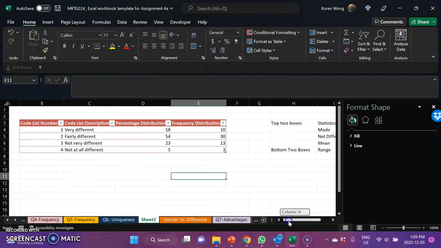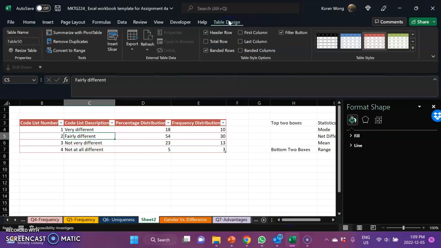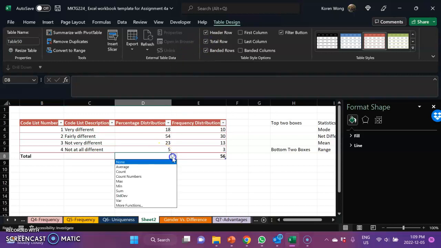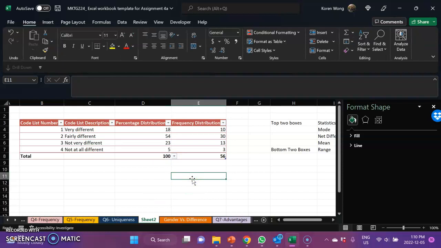And I will also add back in the total row. So you go under table design, you click total row. And this is really good for if you are cross-checking your work to see if everything makes sense.